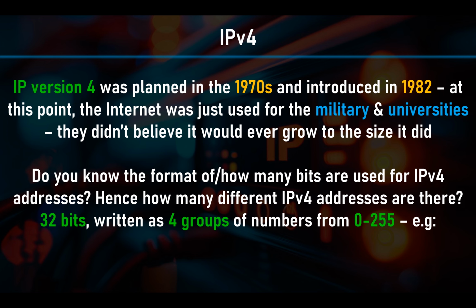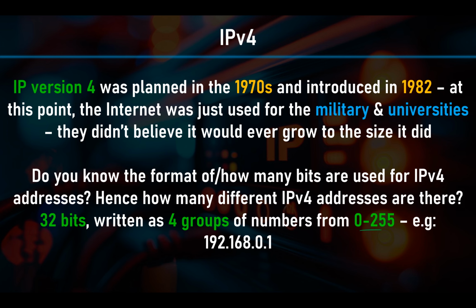For the computer and the router's devices, all of it is just going to be in binary. But when we're making it human readable, we write it in denary. So, for example, 192.168.0.1.